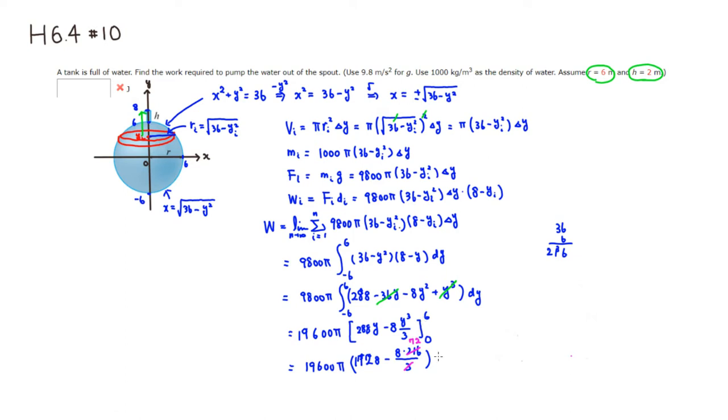So what you get is 19,600 pi times (1728 minus 576), which is 1152.